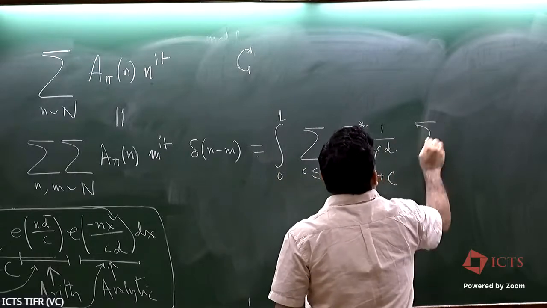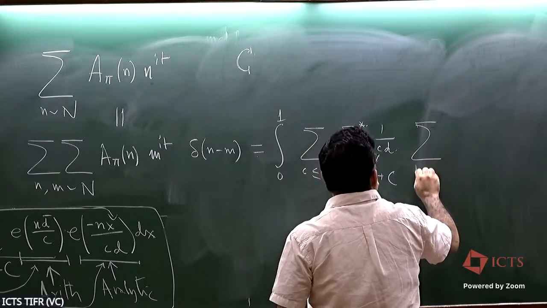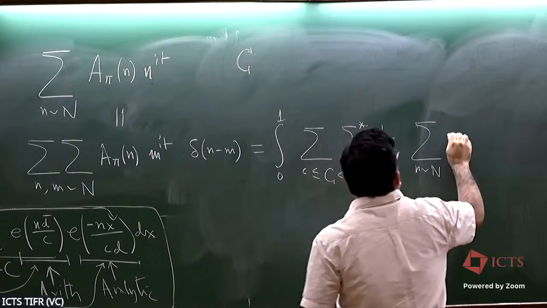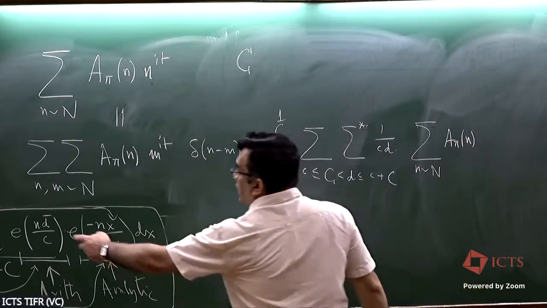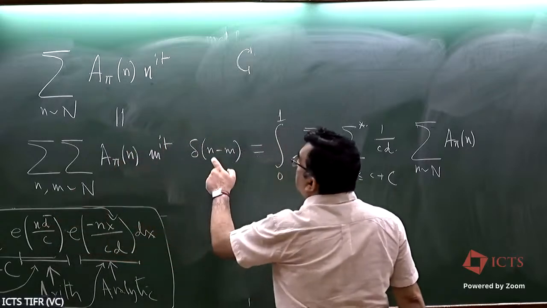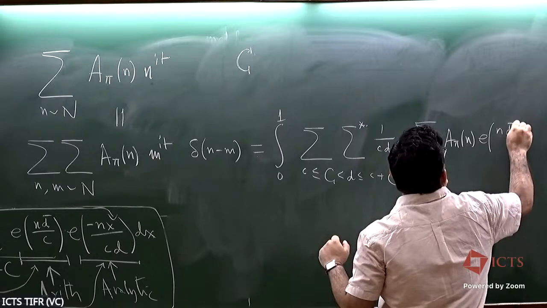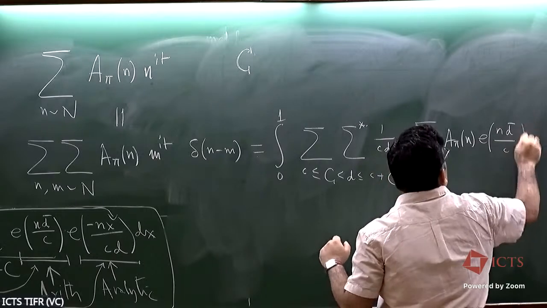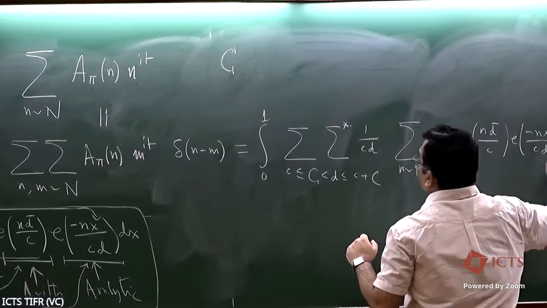And then I have a sum over n of size N, a pi n. Okay. So here in place of n, I have to replace it by n minus m, right? So the n part will be e of n d bar by C, e of nx by CD, right?